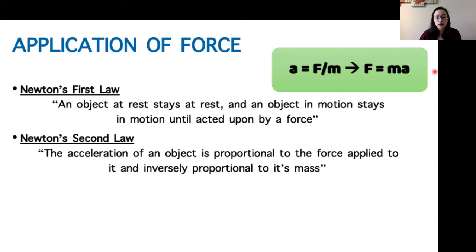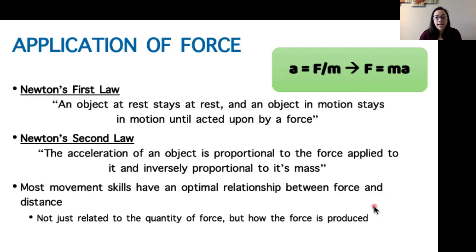Like the vertical ground reaction force that a person exerts into the ground is equal to their body mass times the gravitational acceleration constant, right? I think if any of you have taken Kin 300, you should be somewhat familiar with this.